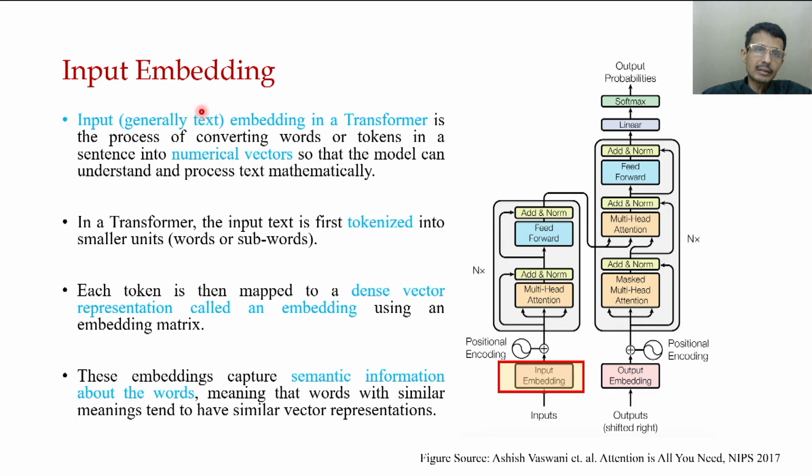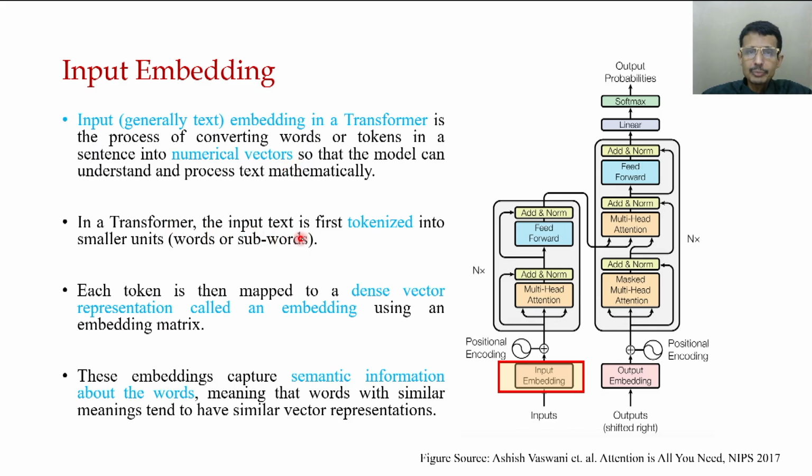This is a kind of text embedding. If we take an example sentence and make tokens, in a sentence we can have different kinds of tokens, such as words or subwords. The corresponding token is converted to particular numeric values.